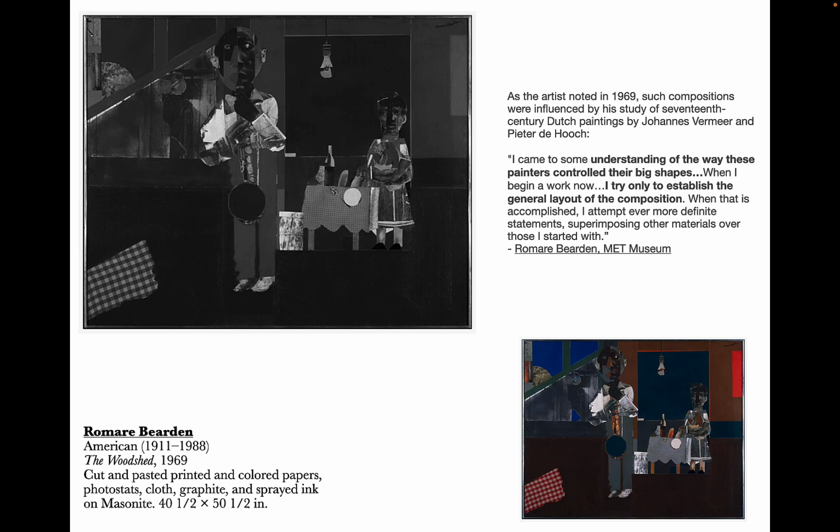That's why I love getting these quotes from artists, because he is saying that he's looking at these paintings and seeing the way the painters controlled their big shapes. So he's trying to lay out his composition thinking about these big shapes. And that's exactly what we're doing. We're breaking it down to really simple shapes and values and creating these relationships between the shapes and the backgrounds. Those are the building blocks of making a strong composition.